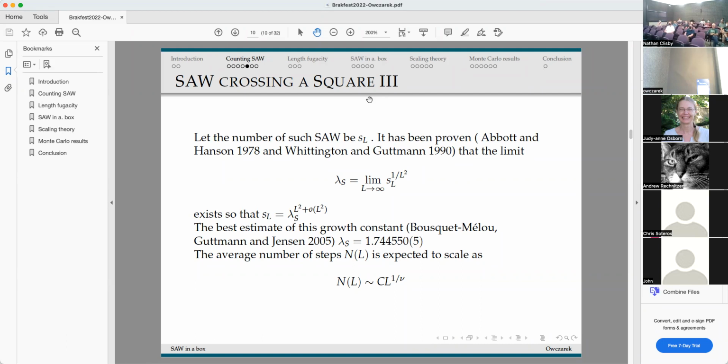So it's the reciprocal relationship for the walks that are unconstrained: what size box can you fit them in? This is fit the box, what size walks go inside. The same understanding of scaling tells you that the number n goes as L to the 1 on mu, so L to the 4/3.